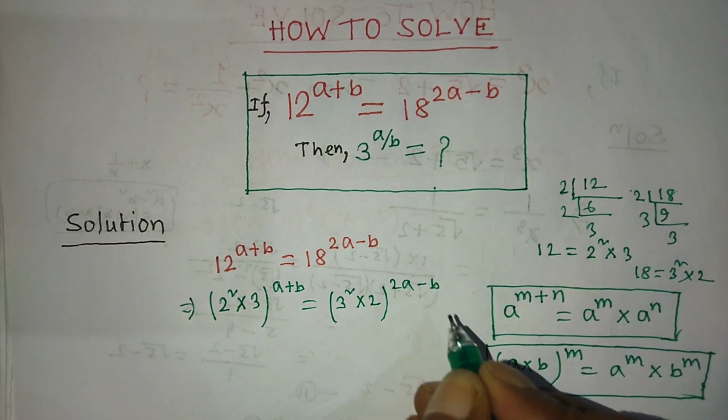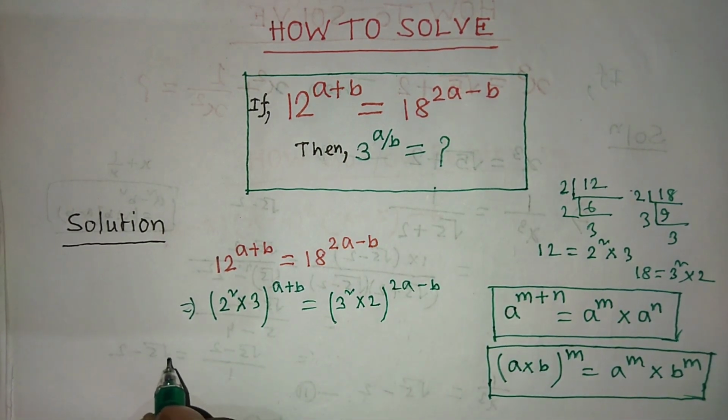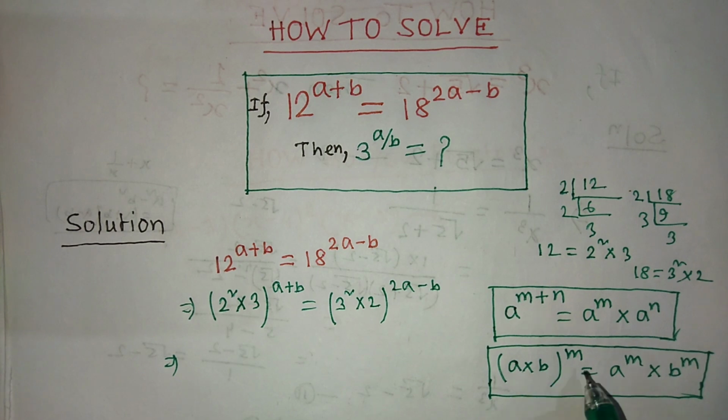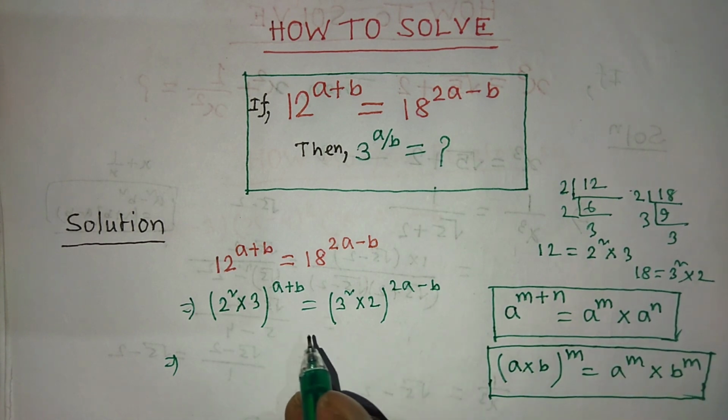Okay student. After that we have to apply this formula: a into b whole to the power m is equal to a to the power m into b to the power m. This formula we have to apply on both sides.